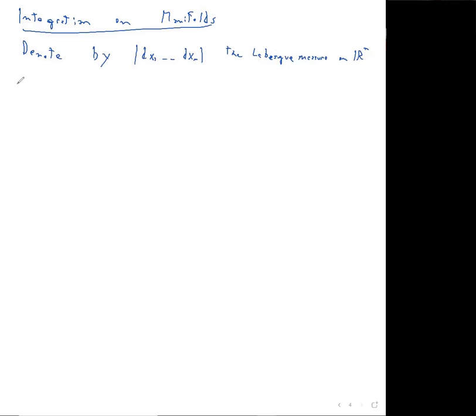Now, if we take an open subset Q of Rn, and a diffeomorphism psi from Q onto its image, and we just write y as the image of this.